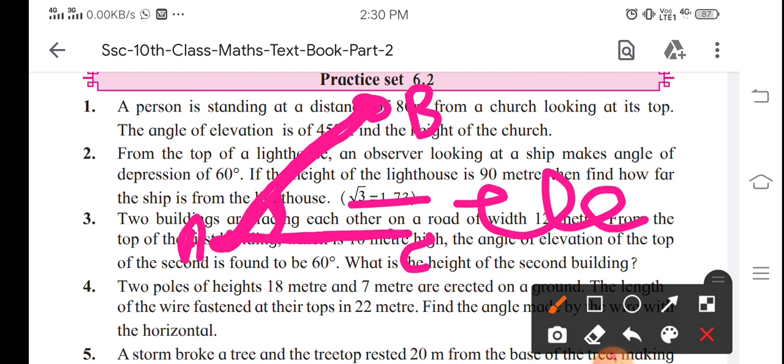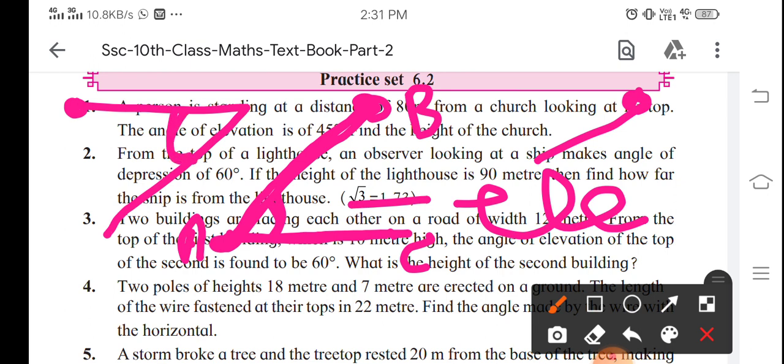And similarly, the angle of depression is when someone is at the top and he is looking down. See, the angle will be like this only. Sorry, this is not elevation. Someone is standing at the top side and he is looking down at the ground. So this is the angle of depression.